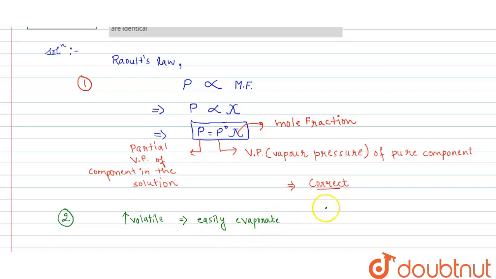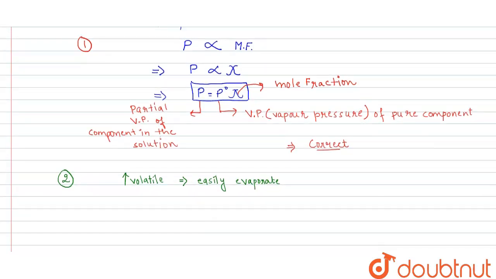And if a compound can evaporate easily, then in the vapor phase it will have more mole fraction. Why? Because mole fraction is just a concentration term. So it can easily evaporate into the vapor phase, and the mole fraction will increase in this case.